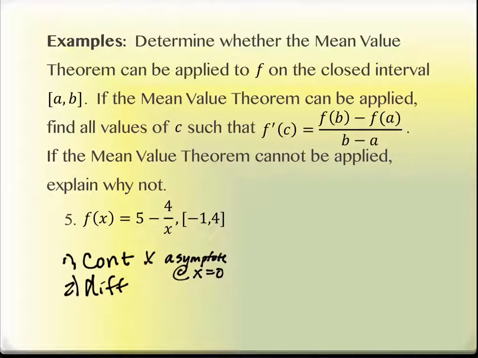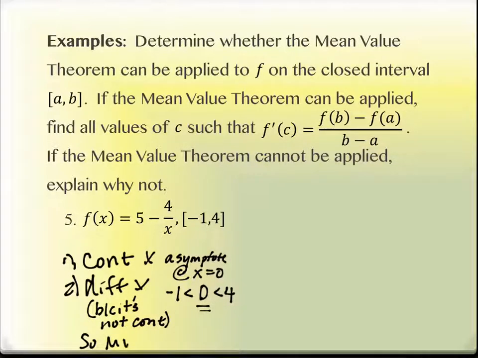And that 0 is actually between the -1 and 4. That's the problem, that it's on the interval. And we actually had a theorem back in the day that said that if it's not continuous, it's not differentiable either. So it fails to be differentiable because it's not continuous. So the mean value theorem does not apply.